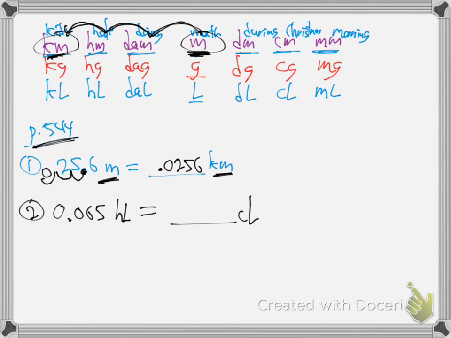Find the HL. Here's HL, and go to CL. Backwards, 1, 2, 3, 4 jumps to the right. From HL to CL is 4 to the right.